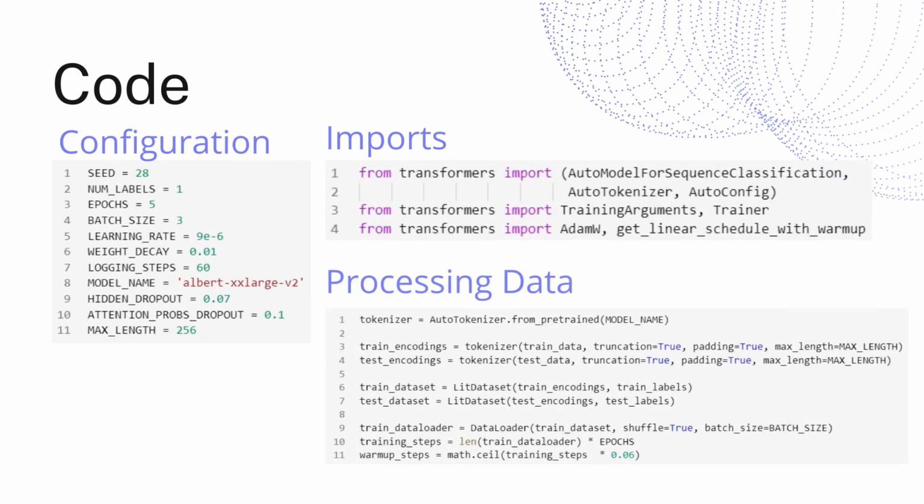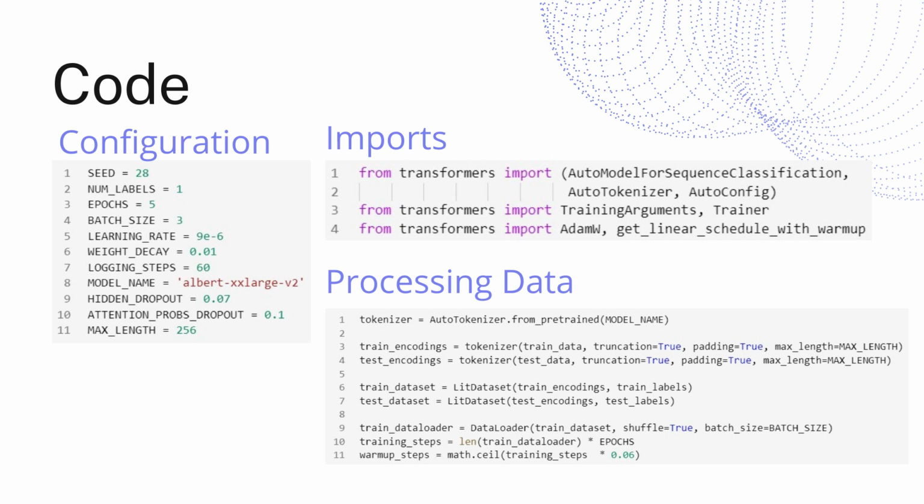Now again, we'll see a bit of code, a lot of code actually. This is the sample code of how our entire training pipeline would roughly look like. This is for the Albert XX large V2 model. First we define our training configuration.